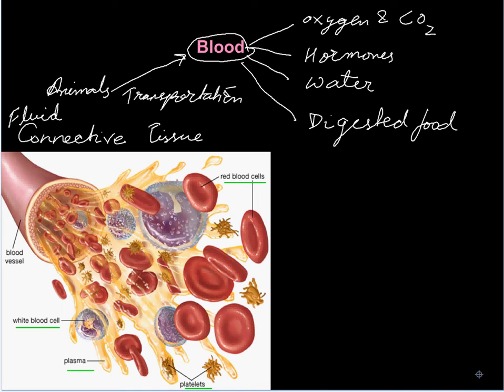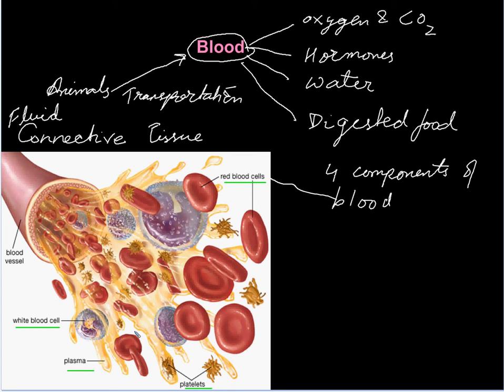So these are the four different components of blood. Number 1 is red blood cells, number 2 is the white blood cells, then plasma and the platelets.